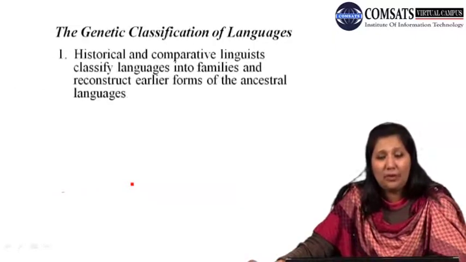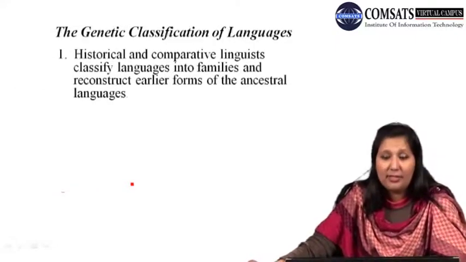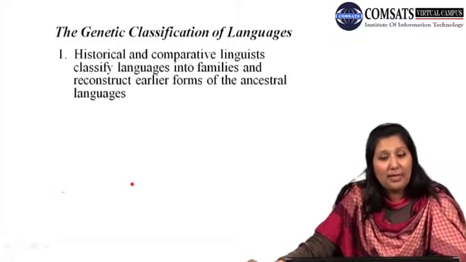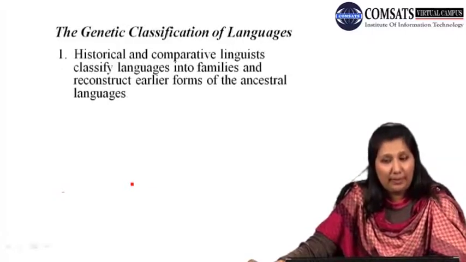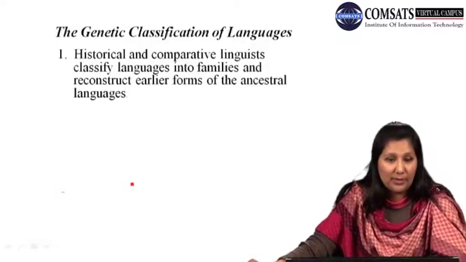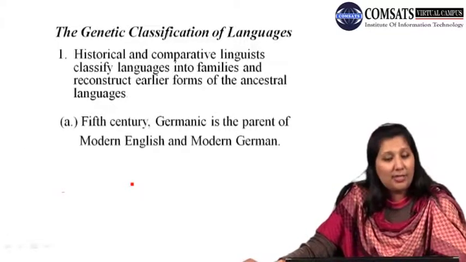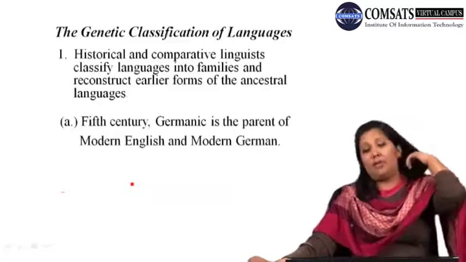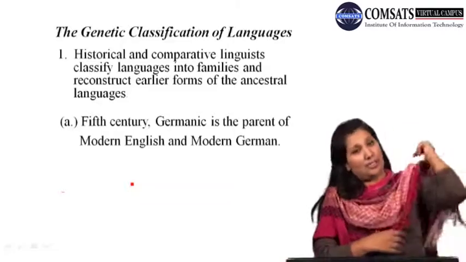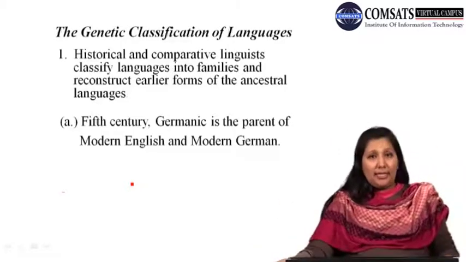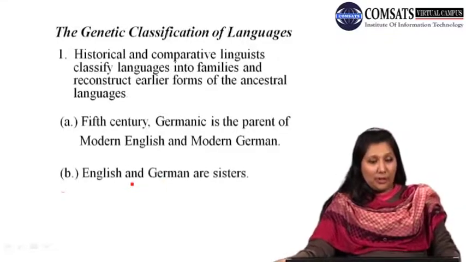The genetic classification of language has already been done. Historical and comparative linguists classify languages into families and reconstruct earlier forms of the ancestral languages. For example, in the 5th century, Germanic is a parent of modern English and modern German. Yes, we know that English has come from the Germanic language.